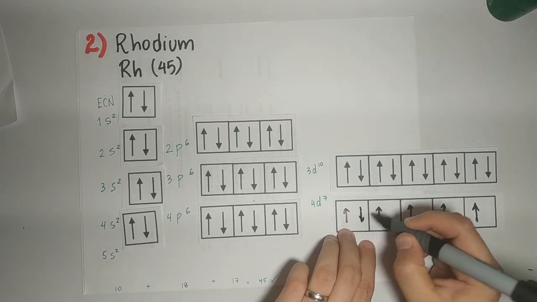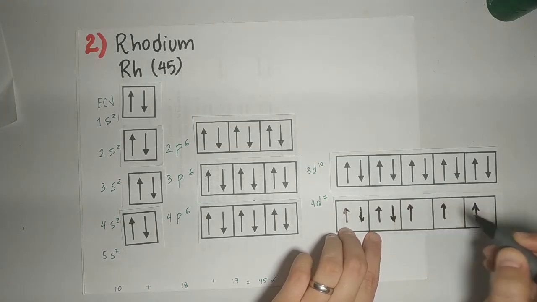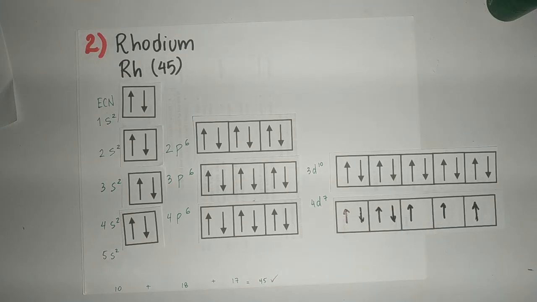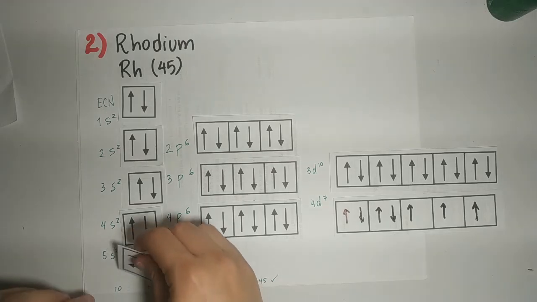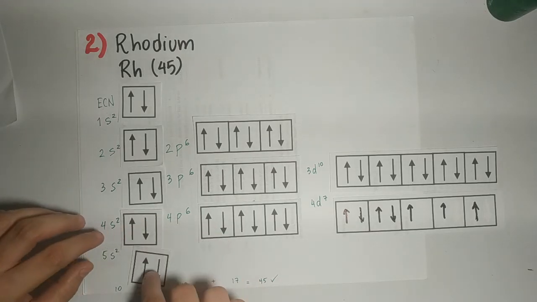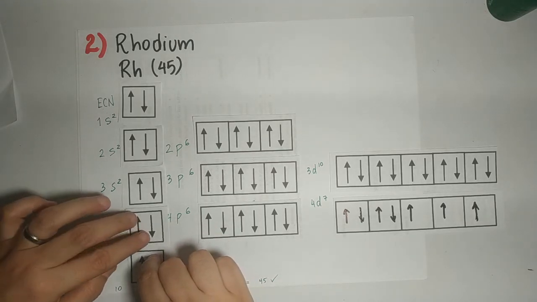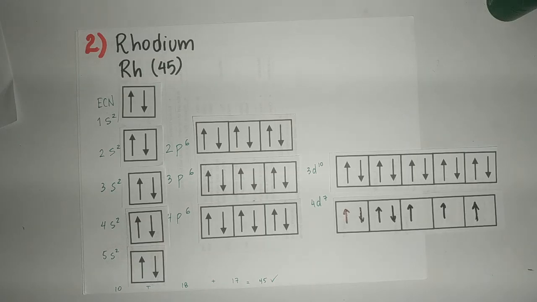Now I continue 6 and 7. And last one, but not least important, is 5s2. So there you go. This is the orbital configuration of rhodium.